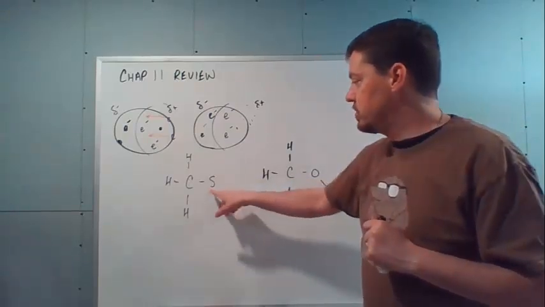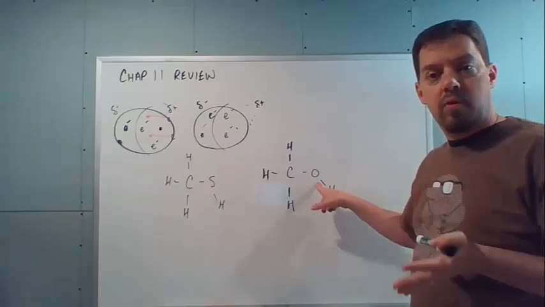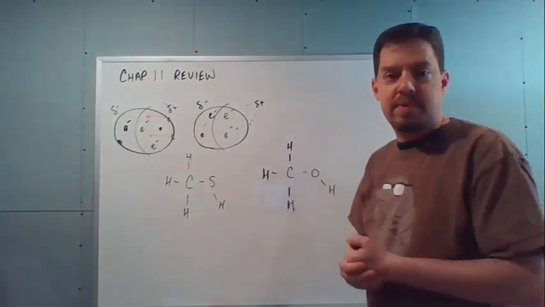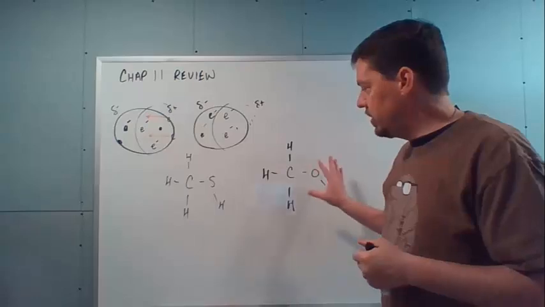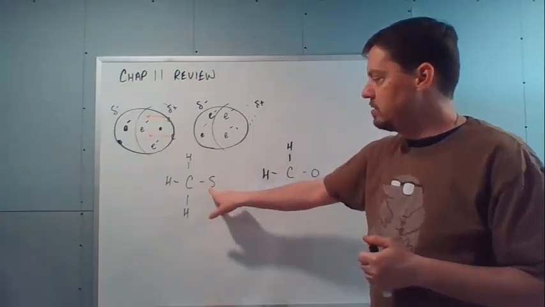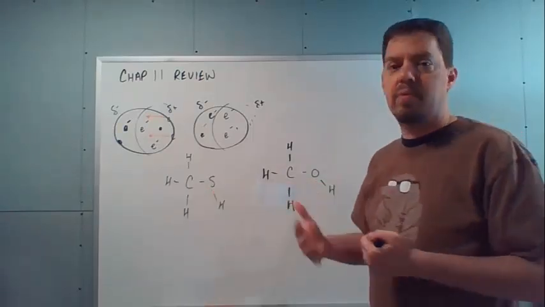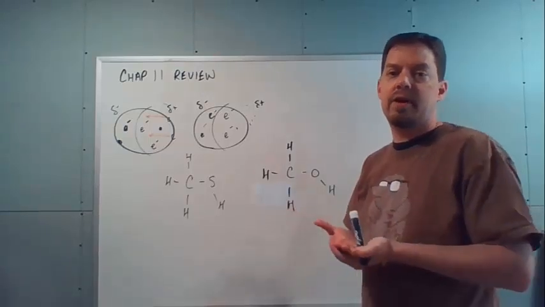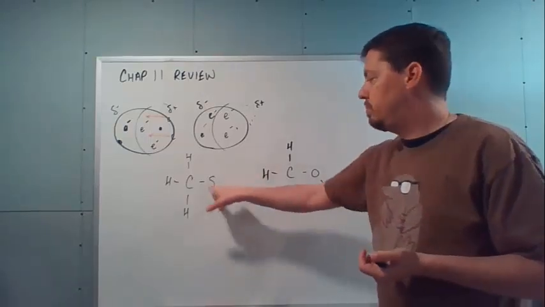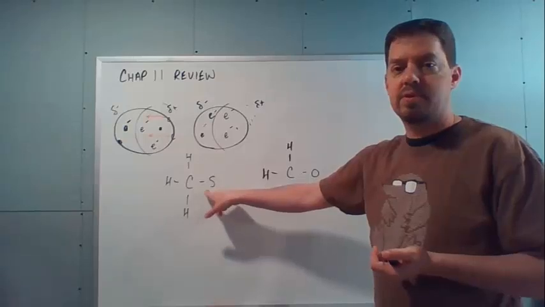So stronger dispersion forces, more polar. Those are the two differences between these two, right? But those are the only differences. The only difference between these two is the sulfur and the oxygen. So that's what we're looking for here to talk about intermolecular forces. So bigger electron cloud, stronger dispersion forces.